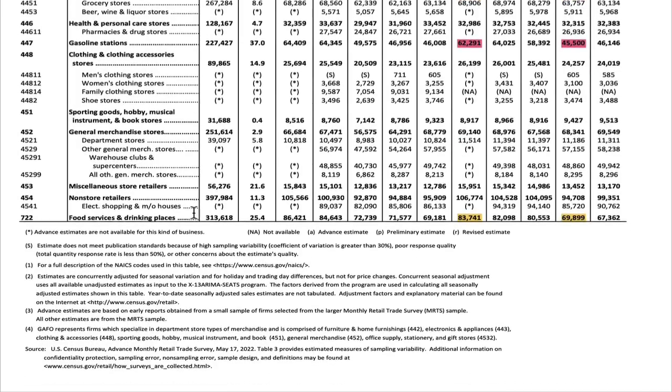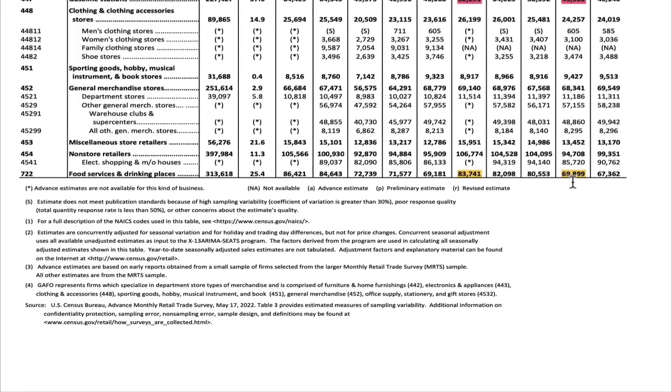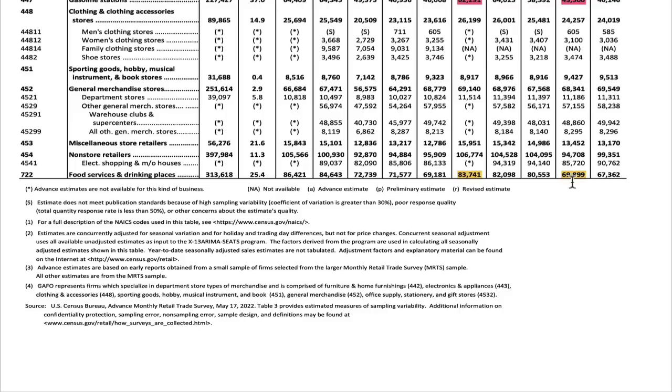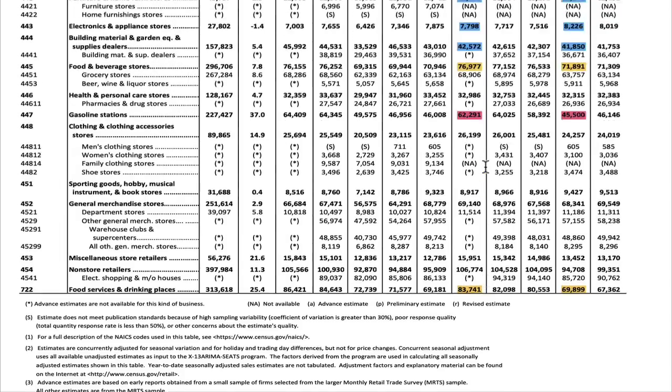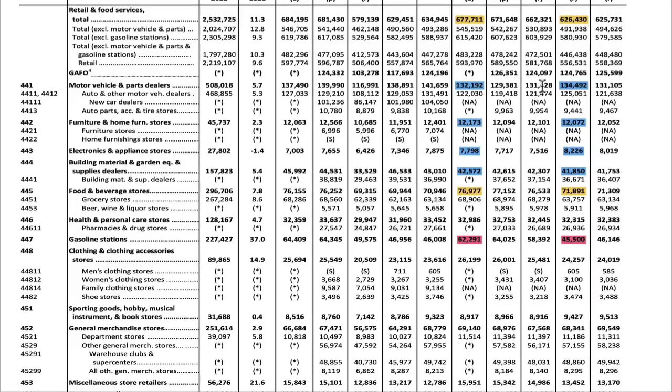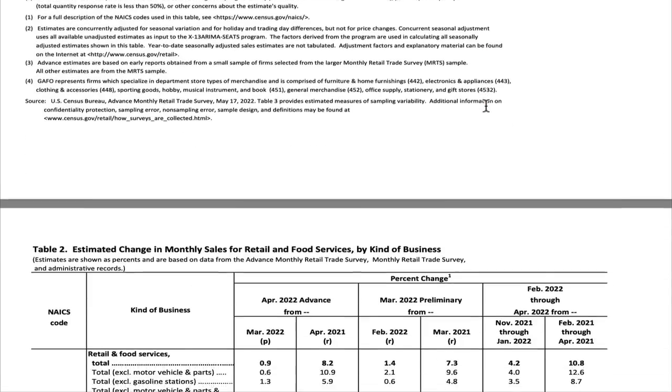Food and service, this is drinking places. This is going out. 69.9 all the way up to 83. So think about that increase. You got about a $14 billion increase over here that also had to come from goods over here. We're starting to put Target and Walmart in a little bit more perspective.